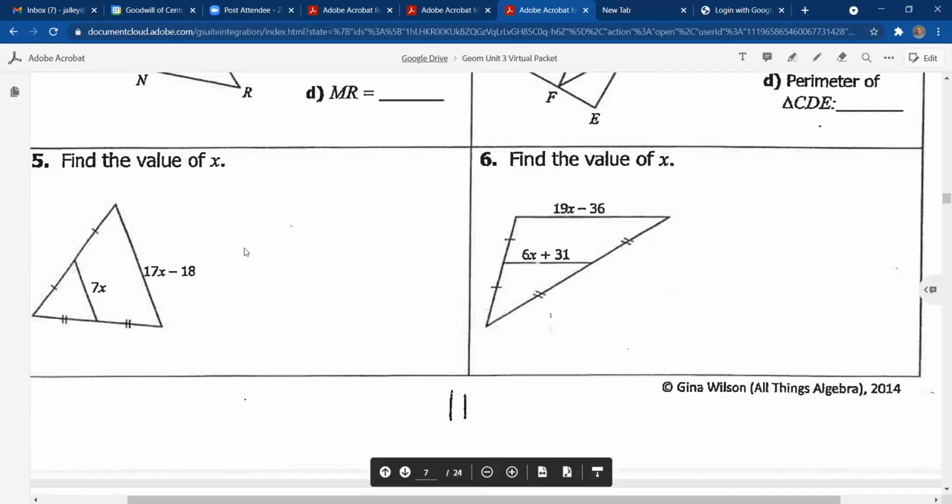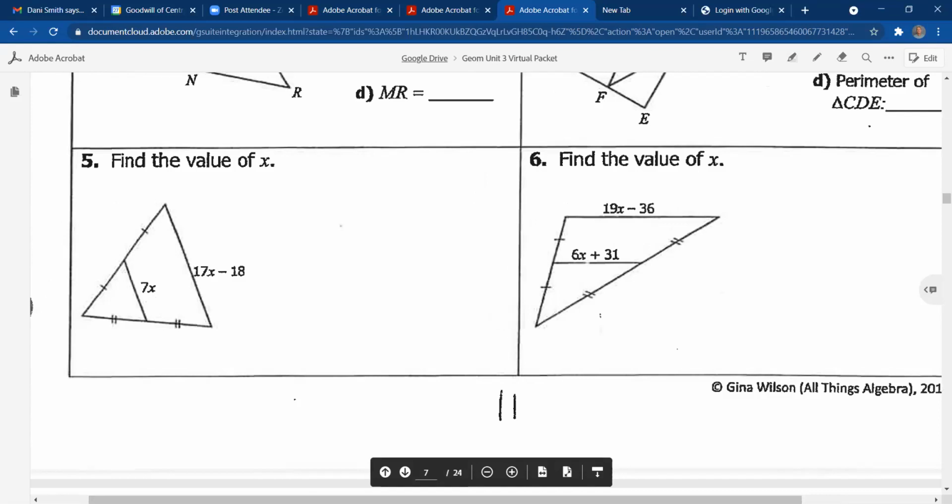So if I'm going to try and solve for x here on problem number 5, two times the mid-segment line is going to equal the side that it's opposite.